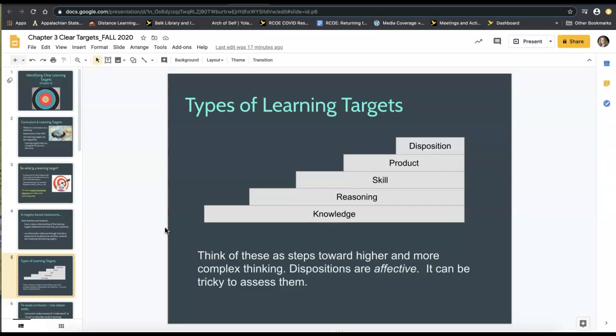Also, if you have a standard that's really calling for reasoning, but all of your learning targets are knowledge, then that's a problem, and you're going to have to include some reasoning targets as well. So it's good to know these different varieties of targets.